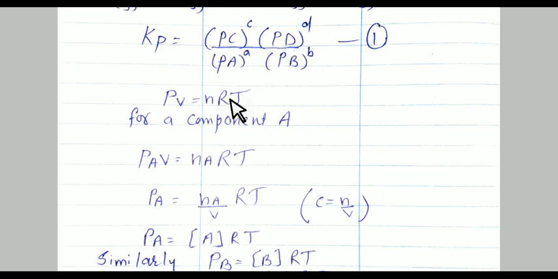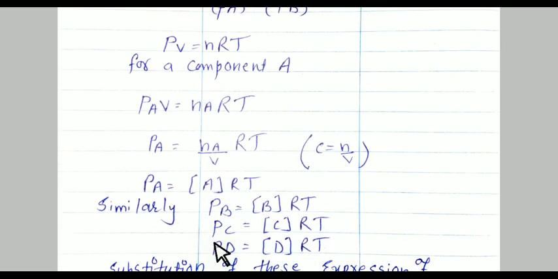We apply this ideal gas equation for component A. By rearranging the equation, we get n upon V, which means concentration. Here A is the component, so in place of nA upon V we can write PA is equal to concentration of A times RT.